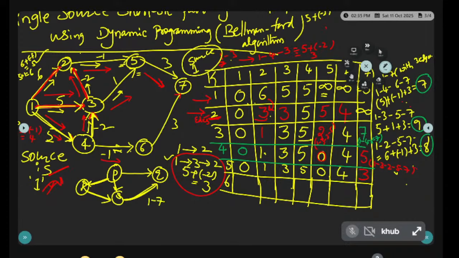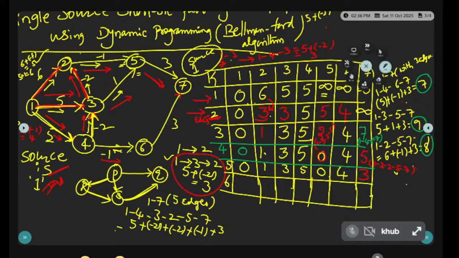One to 7 with 5 edges. The path here is 1 to 4, 4 to 3, 3 to 2, 2 to 5, 5 to 7. The cost is 1 to 4 is 5, plus 4 to 3 is -2, plus 2 to 5 is -1, plus 3.